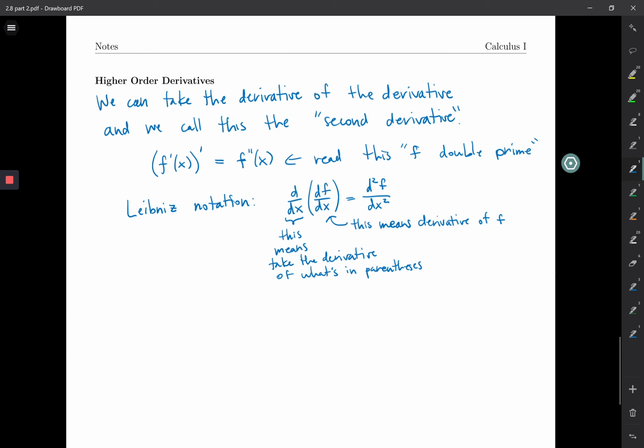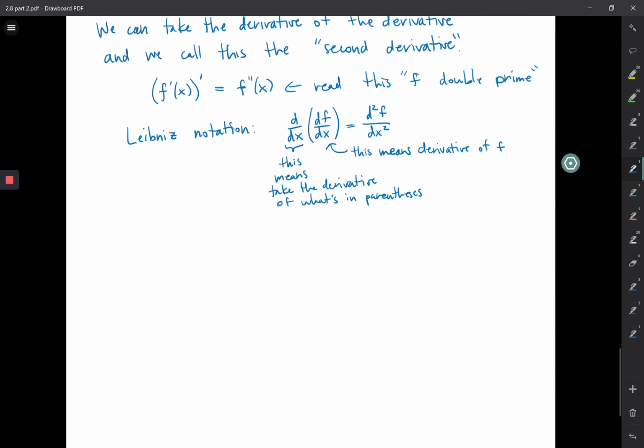That's the denominator, and then in the numerator we get a d and another d, so we write those as d squared, and then the f is tacked on the end. Okay, so that's how you can try to remember the notation. The reason Leibniz notation is so nice is because it behaves like fractions, so we can use the rules we already know for fractions to help us remember notation for different things. And it's really helpful when we learn the chain rule. But we will not talk about that for a while.